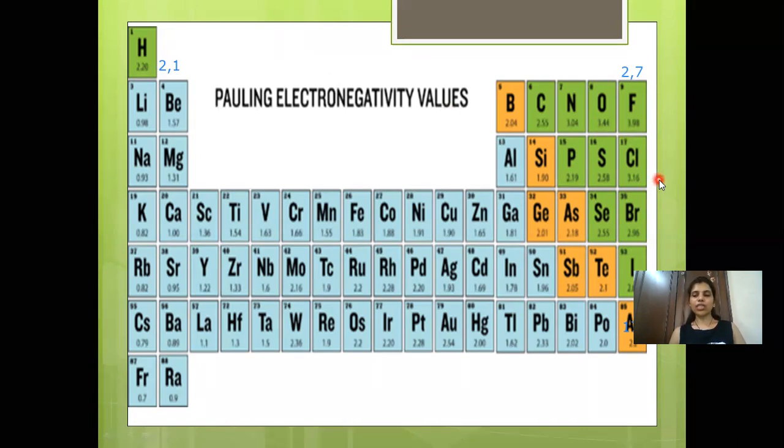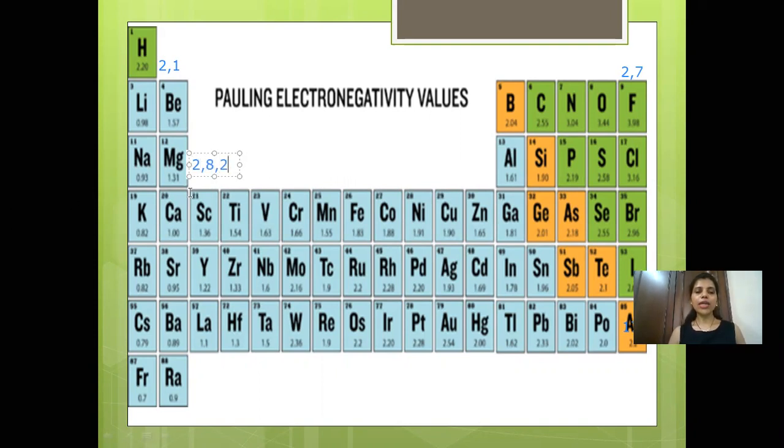Then if I'm talking with respect to the second group, and I'm considering magnesium and calcium. Magnesium atomic number is 12, so its electronic configuration will be 2, 8, 2.